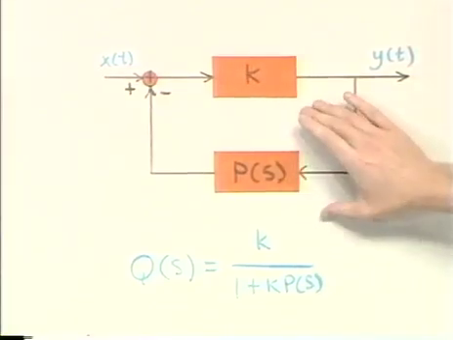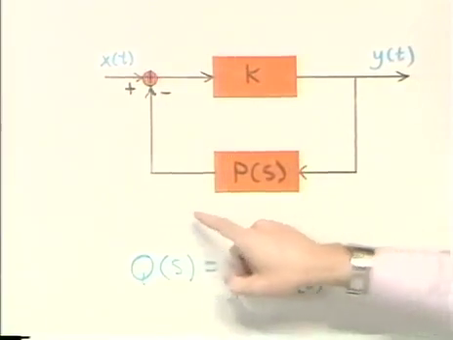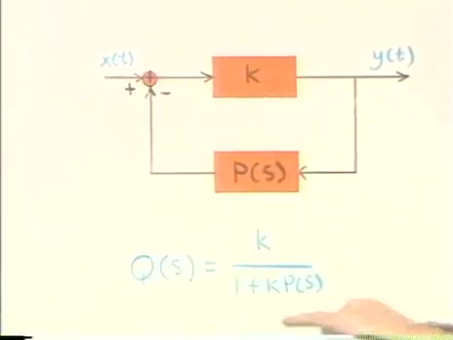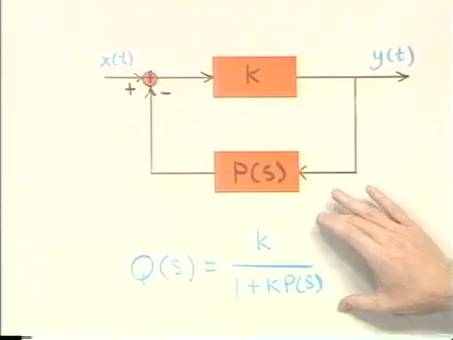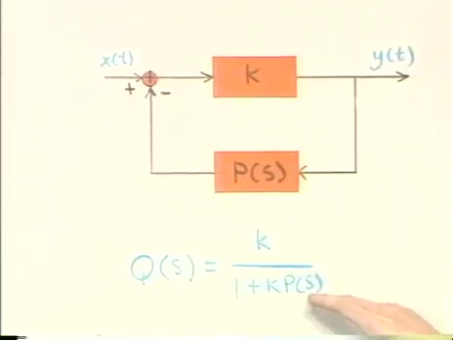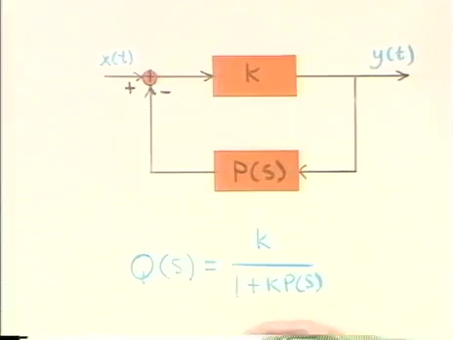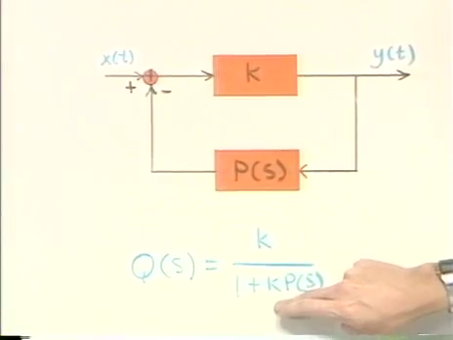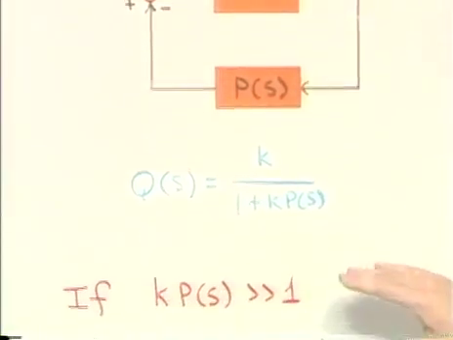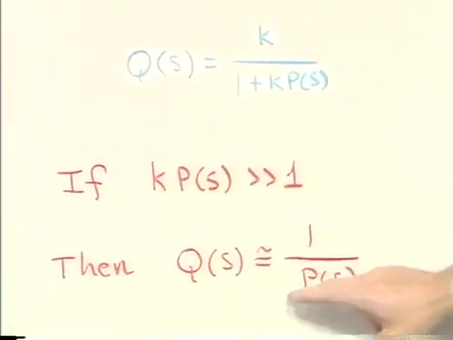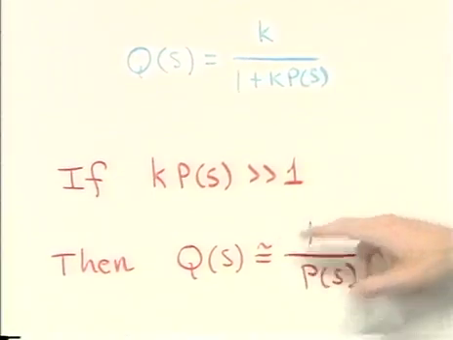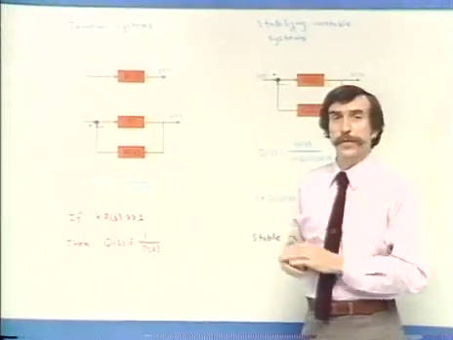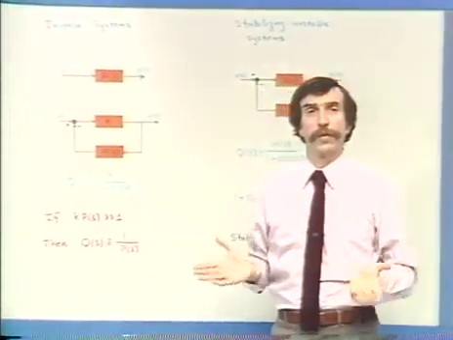And now if we look at the feedback equation, notice that if K times P(s) is large compared with 1, then this term dominates, the gain in the forward path cancels out, and what we're left with is a system function which is just 1 over P(s).